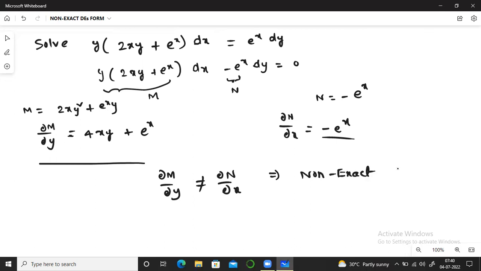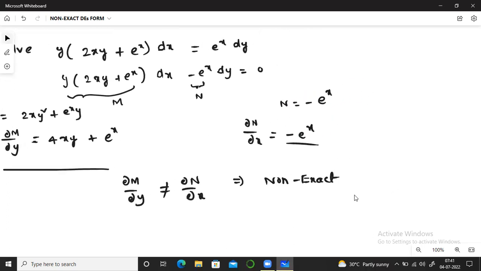Now first I will check whether this problem can be solved by using the inspection method or not.